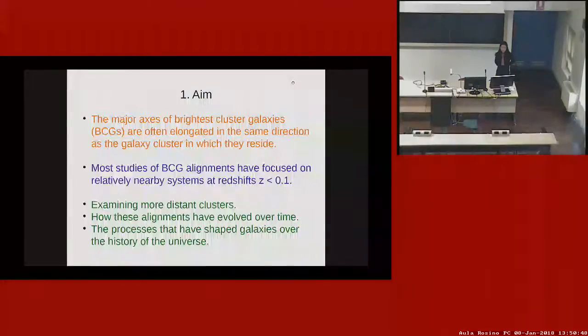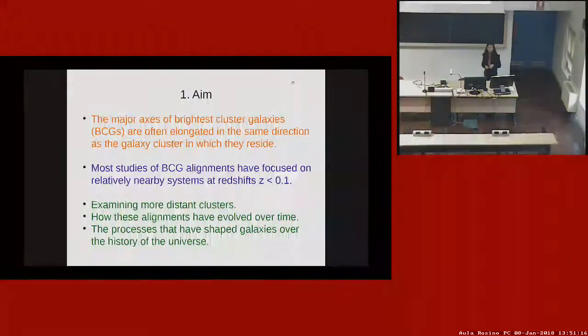First is the aim of this paper. Now it's known that the major axes of the brightest cluster galaxy are often elongated in the same direction as the cluster they reside in. However, most studies of the BCG alignments have only focused on relatively nearby clusters, with redshift less than 0.1.